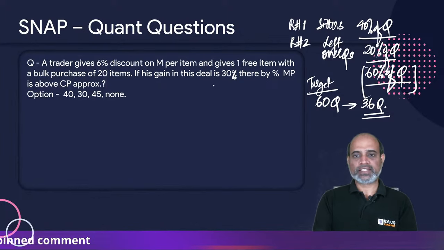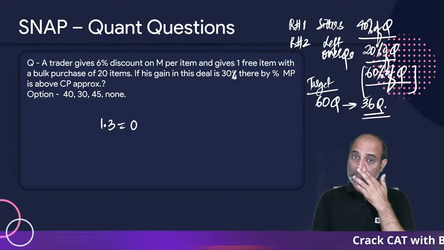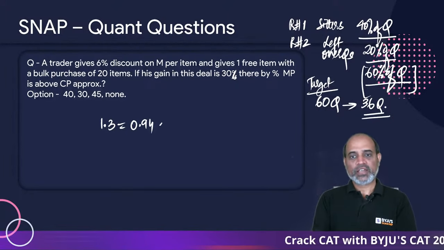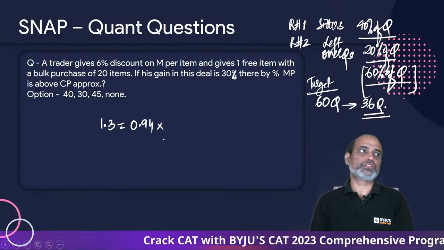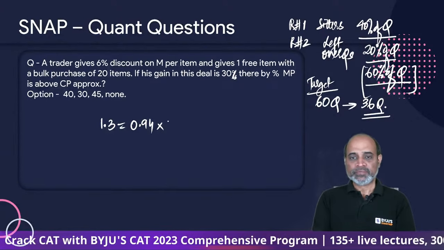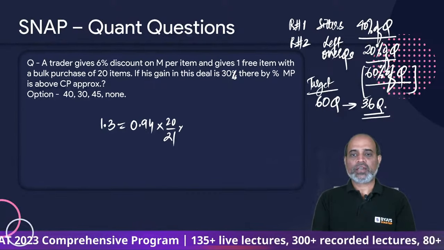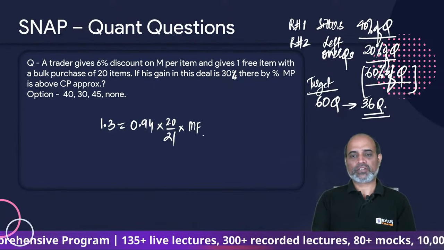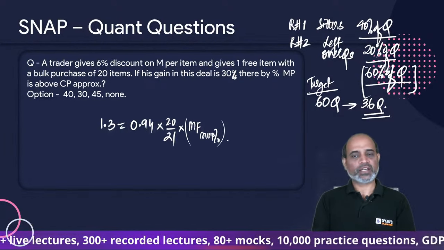So it says 30% is the gain, so 1.3. 6% is the discount, so this is 0.94. And one free item with a bulk purchase of 20 items, which means he was supposed to get money for 21, but he gets money only for 20. So it's going to be 20 by 21 because it's a loss. And we need to find the multiplying factor of the markup price percentage. So this is what they are asking us.